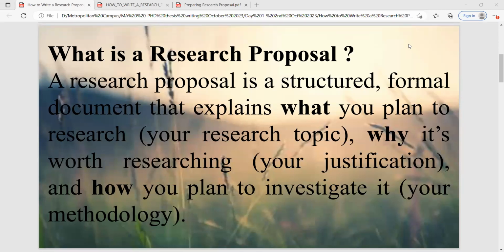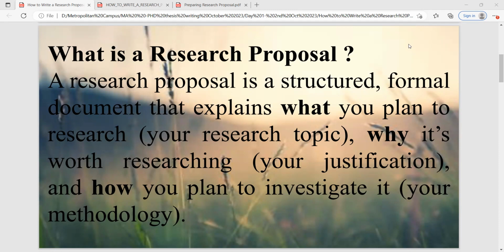A research proposal is a structured formal document that explains what you plan to research, that means your research topic, why it is worth researching, your justification and rationale, and how you plan to investigate it, your methodology. So when you are writing a research proposal, you have to include these three parts. Apart from that, there are some other elements that I will discuss later.